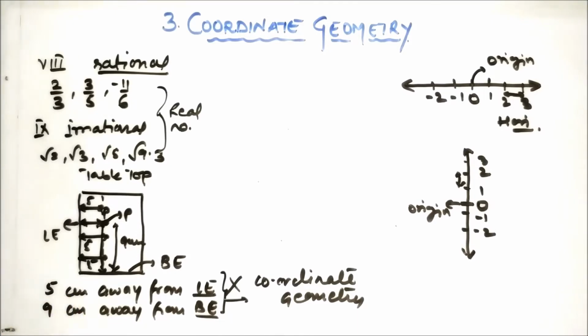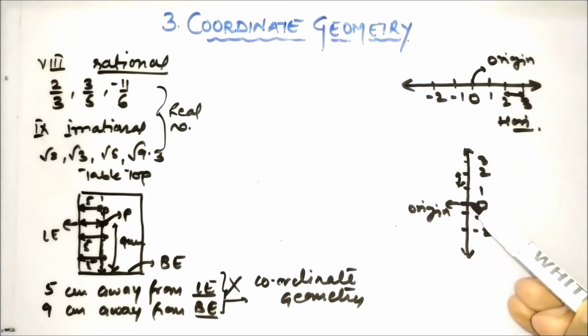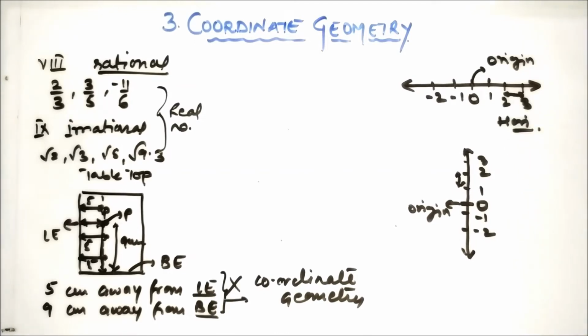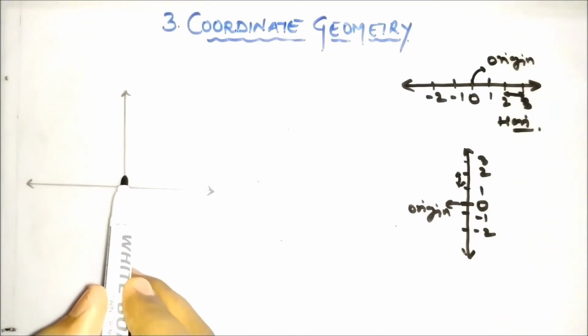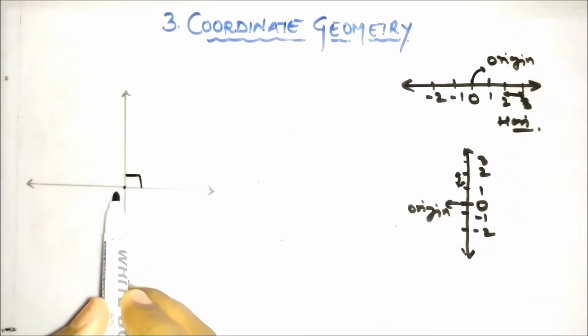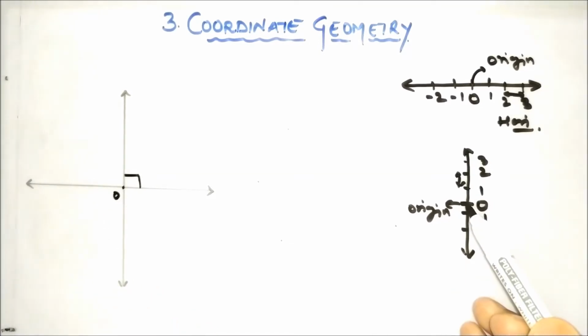Now what I am doing, I am just overlapping these two axes or these two number lines at 0, at the origin. Okay, they intersect each other perpendicularly at the origin. Then it will look somewhat like this. So we have arranged these two number lines such that they are intersecting perpendicularly at 0. Okay, this 0 and this 0 will overlap each other.